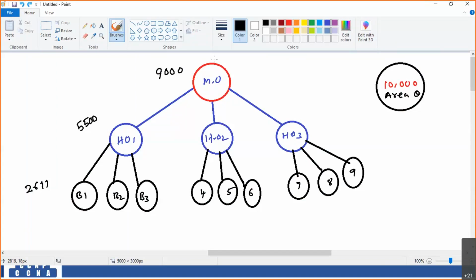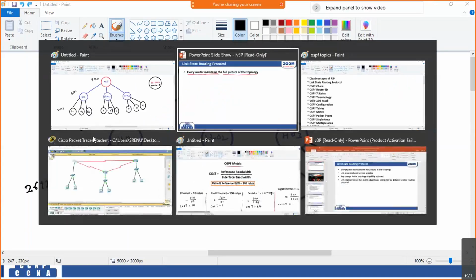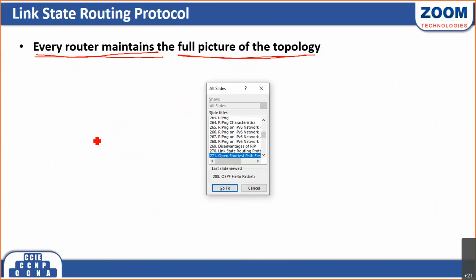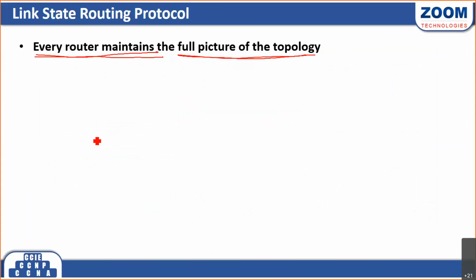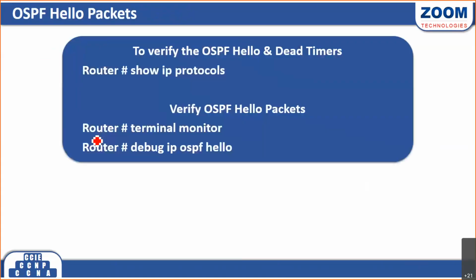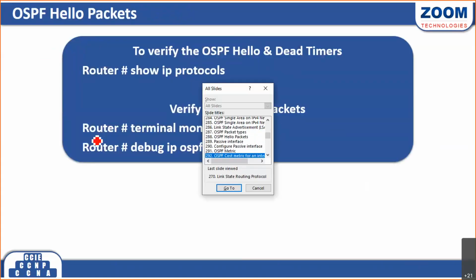Problem. You know what all branch routers are doing? They are automatically generating a message to head office: we are running out of memory, the routing table is too big. These are problems in OSPF single area.